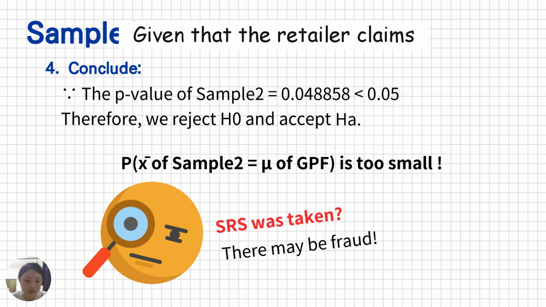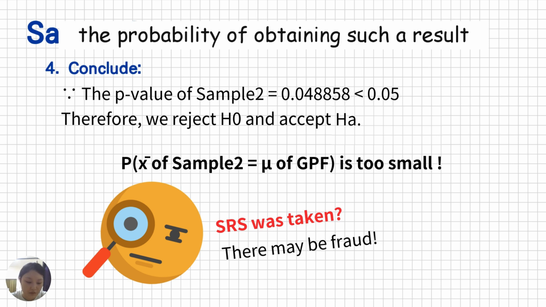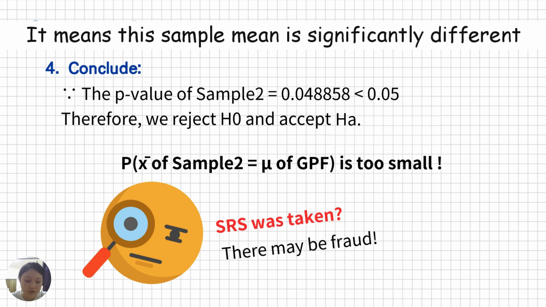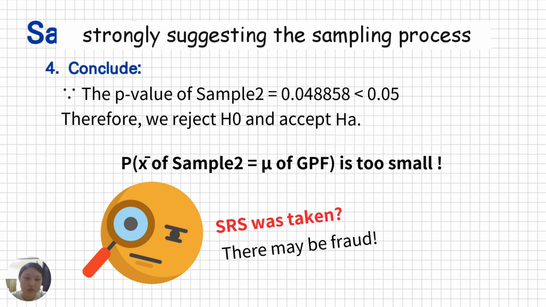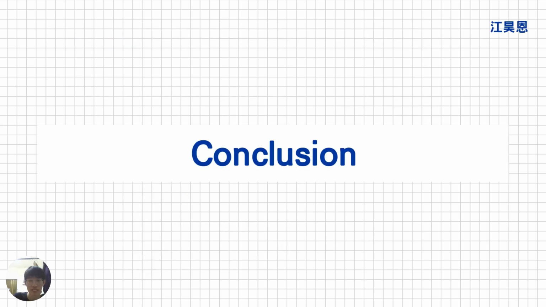Given that the retailer claims a sample mean GPF of 51%, the probability of obtaining such a result under the assumption of SRS is extremely low. It means this sample mean is significantly different from the population mean GPF, strongly suggesting the sampling process may not have been truly random, and there may be fraud.